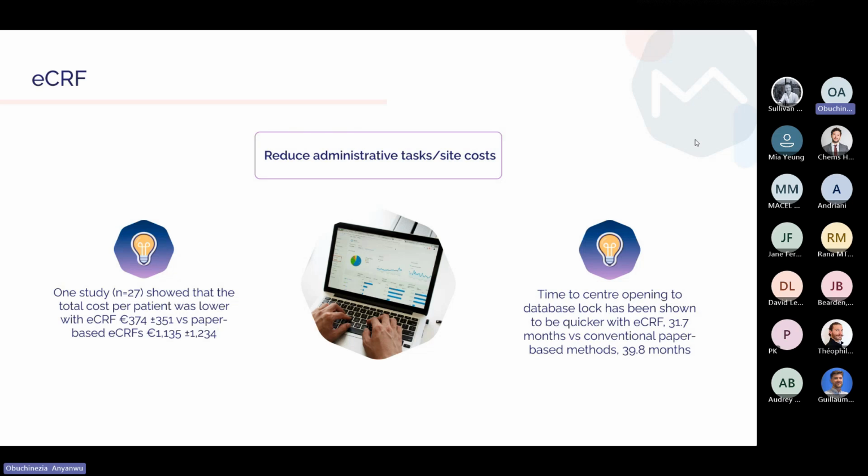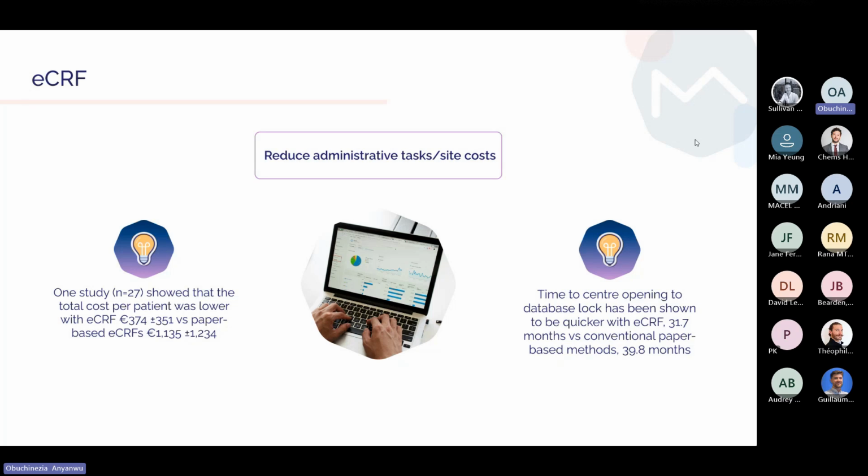And here we have some reference values, which again show the benefits of implementing electronic case report forms. Here we're looking at the potential to reduce administrative tasks and site costs, which can really drive inefficiencies with the conventional way of doing things.